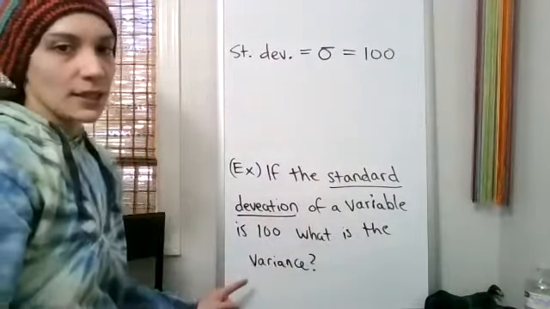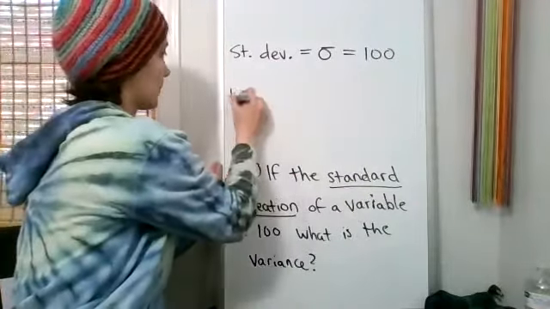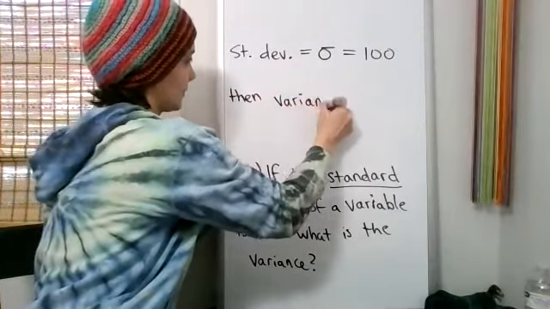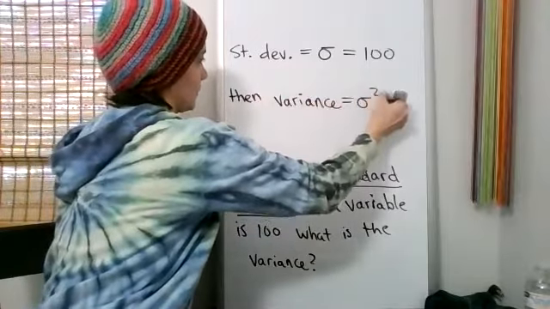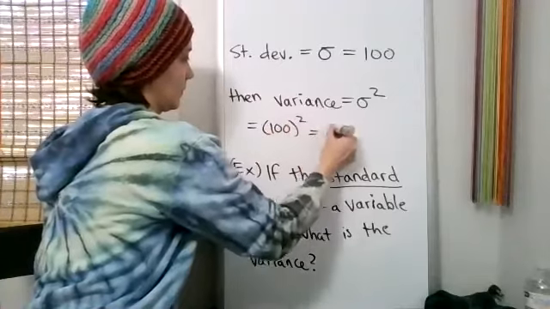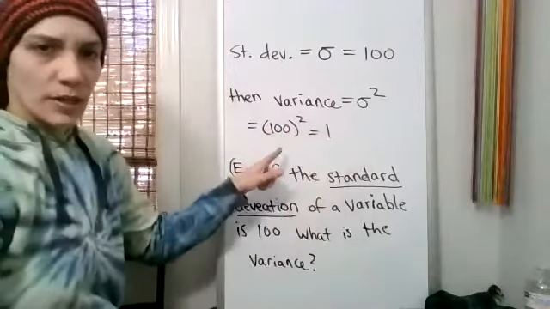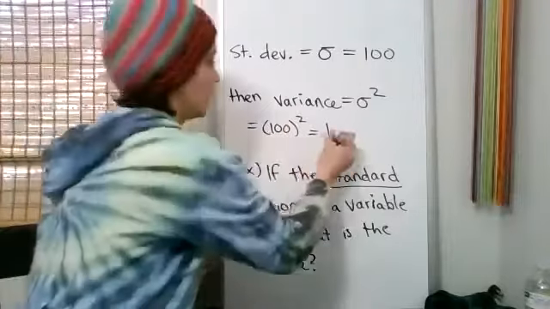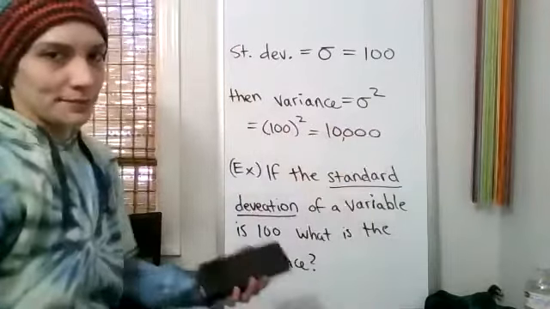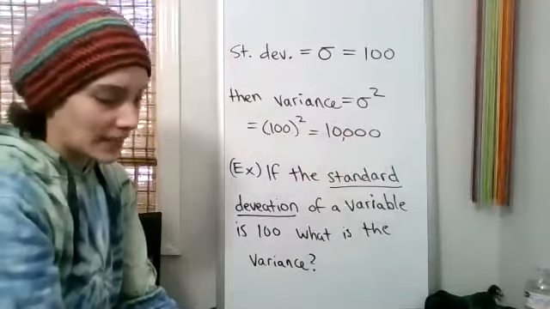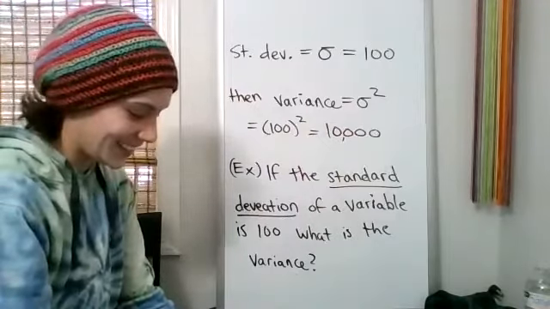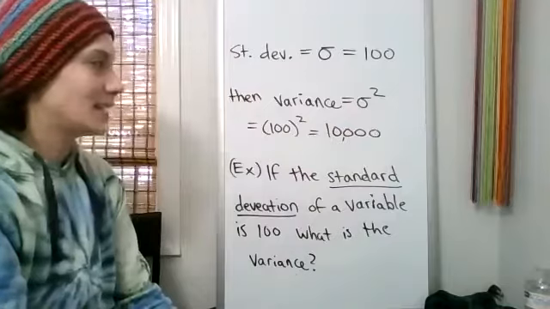Find, or what is, the variance. So see, 100 times 100 will give you 2 more zeros. You can always check. I'm not the best calculator, but I have studied for a very long time. 100 times 100 is 10,000.